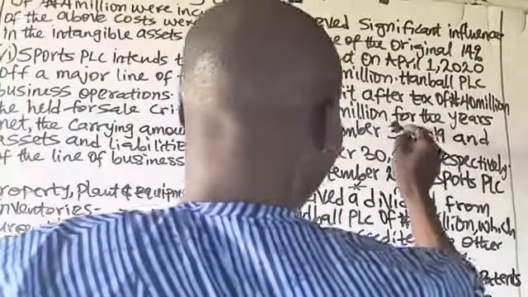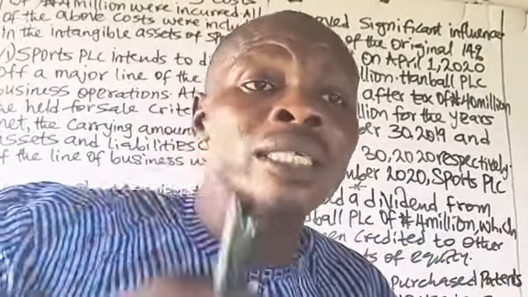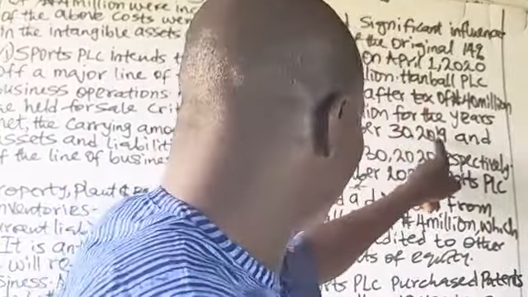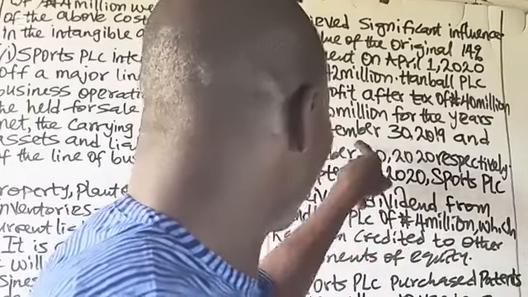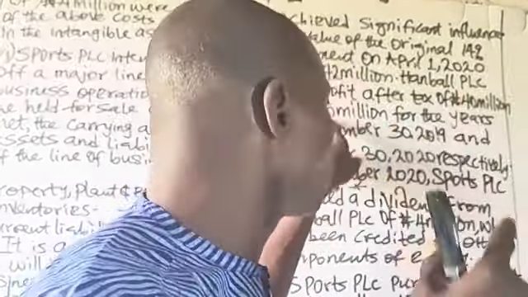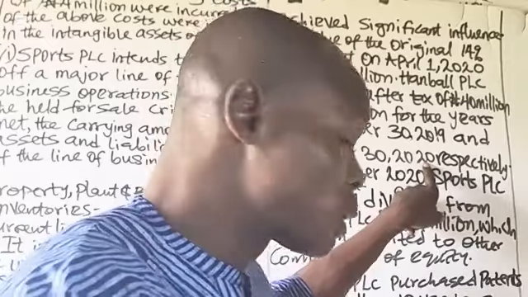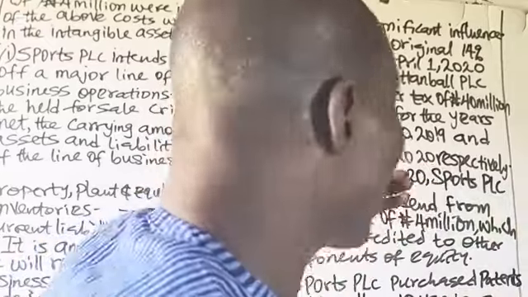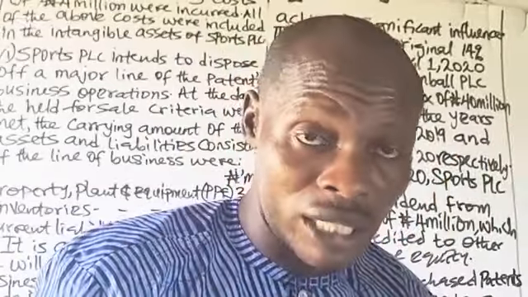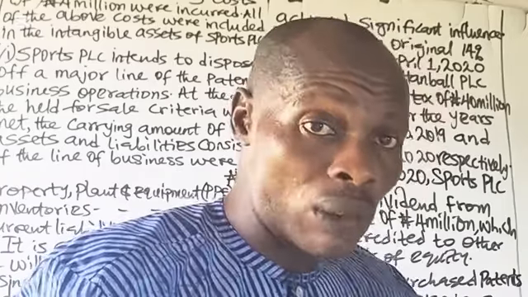Remember, this is the profit for the year. Significant influence was achieved on April 1st, 2020. Since it is profit for the year, this profit of 60 million is the profit from October 1st, 2019 to September 30, 2020. Significant influence was achieved on April 1st, 2020, which is just 6 months relating to the post-acquisition period.